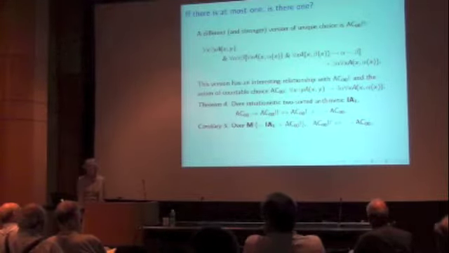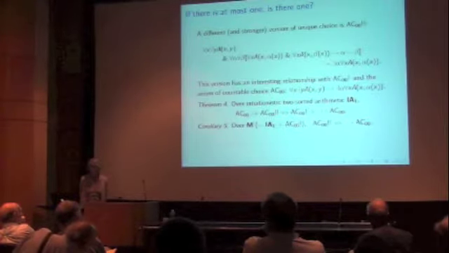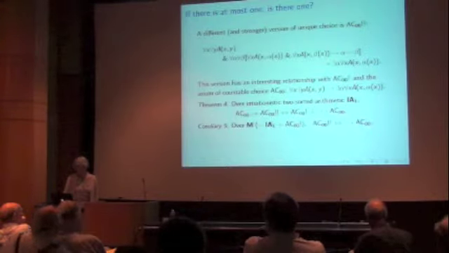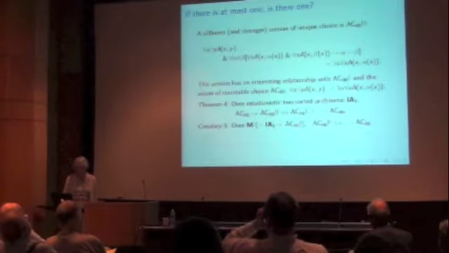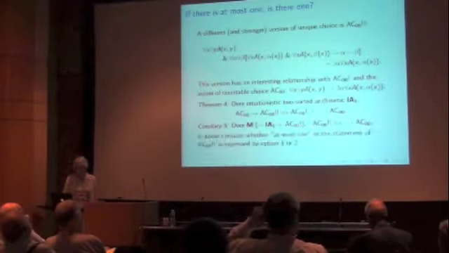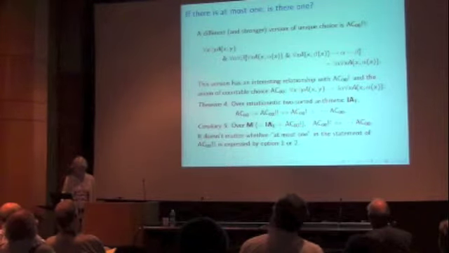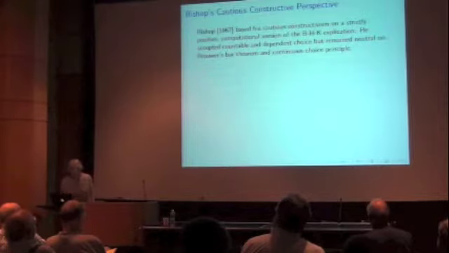Over the minimal theory, which is intuitionistic arithmetic plus unique choice, this version, AC00 double unique, is equivalent to the double negation of countable choice. And it doesn't matter, again, whether at most one statement is expressed by option 1 or option 2. So far, we don't really have a difference.